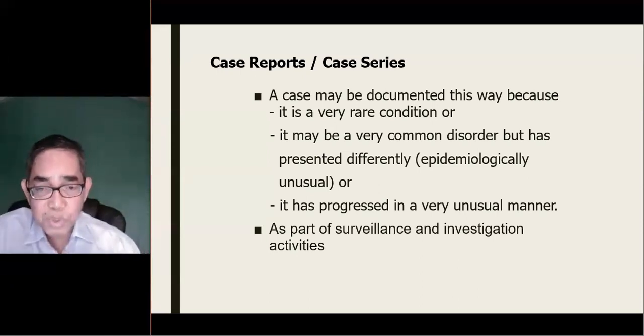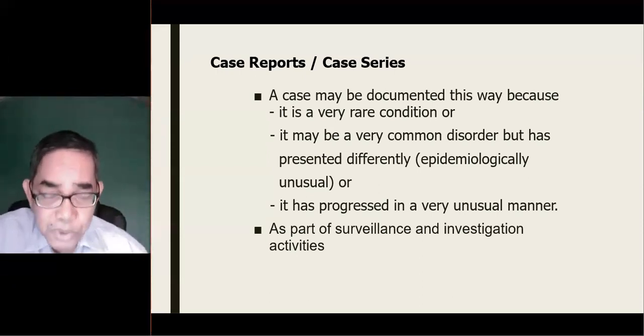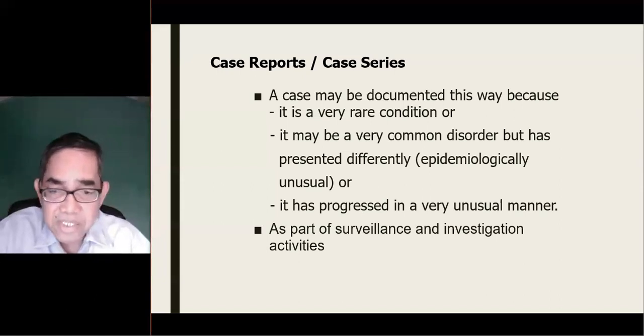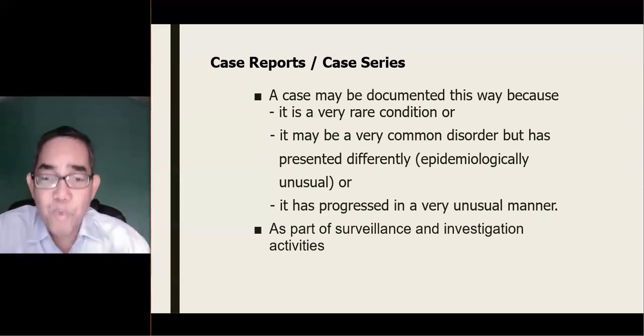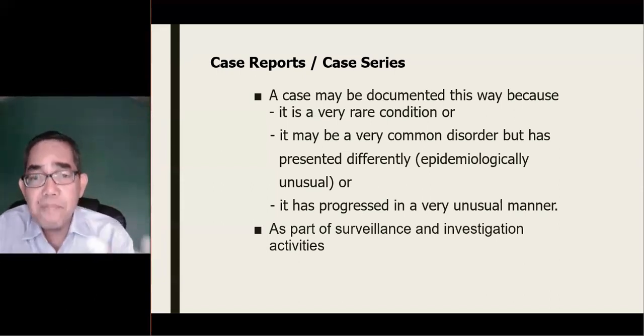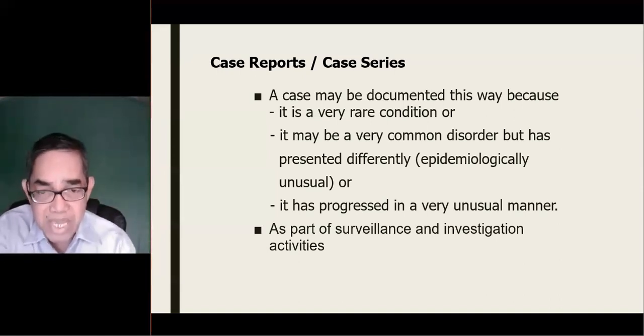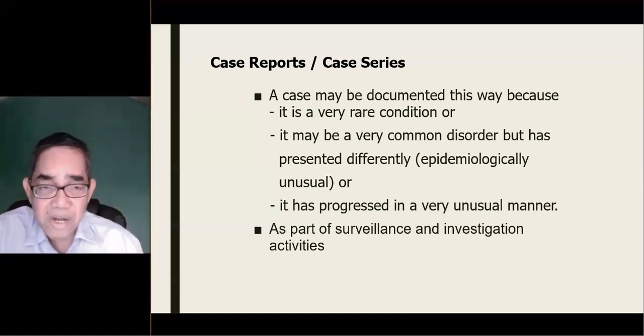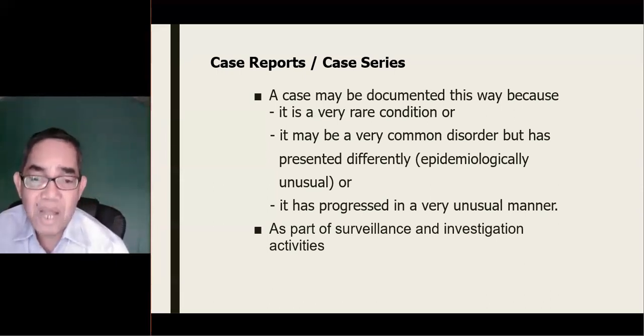It may be a common disorder, but presenting to us unusually, epidemiologically. And it has progressed to a very unusual manner. So it begins with a usual presentation, but it progresses in a very unusual manner. Then we can make a case report out of that.